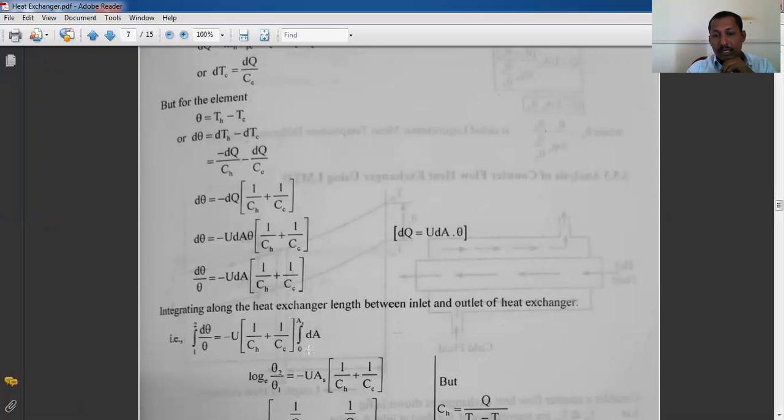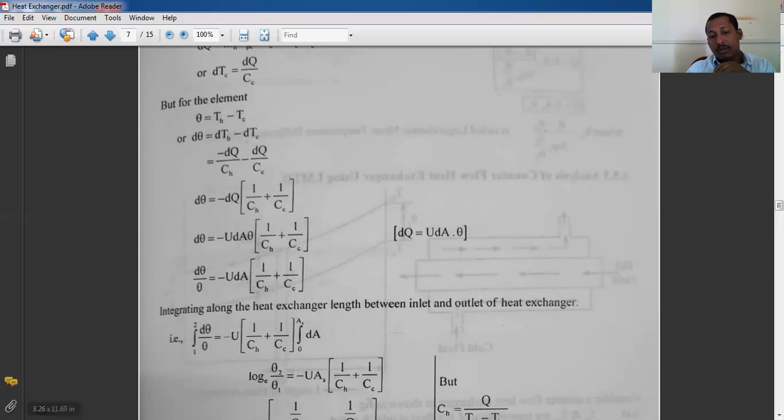Only the variable is the area, so integration from 0 to Ax of dA. Now the integration of 1 by theta gives log theta, with the limits from 1 to 2.